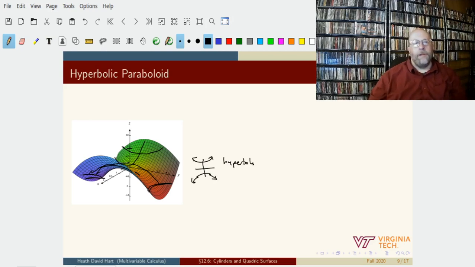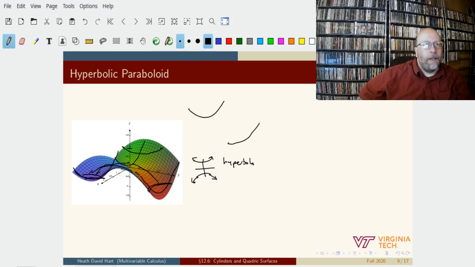Okay? This is a tricky shape to draw. What I tend to do is take the boundary on one end. This is a parabola opening up. And then this over here is a parabola opening up. And draw those first. And then in between those are parabolas opening down for the other two sides.